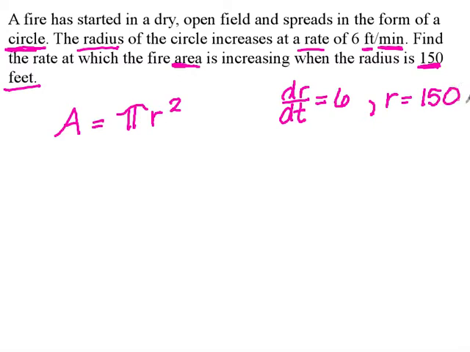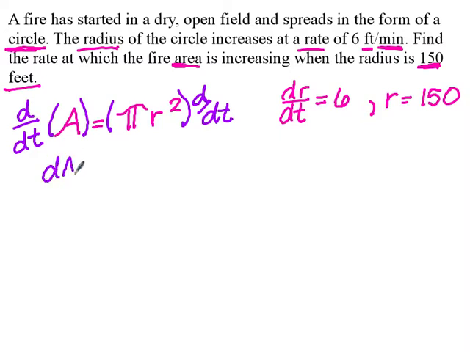So let's go ahead and try and solve and see if we have enough information and if we can finish the problem. What is the very first step? Oops, let's change colors. The very first step is take d dt of both sides. What do you get on the left? dA over dt, because the derivative of A is 1.